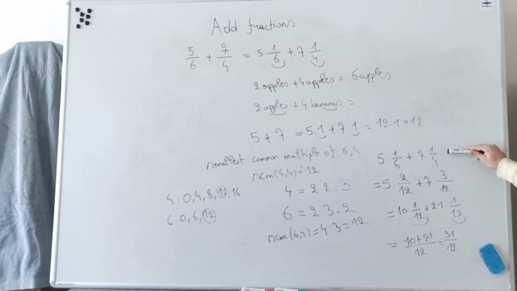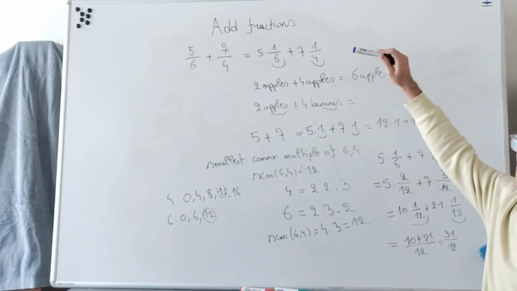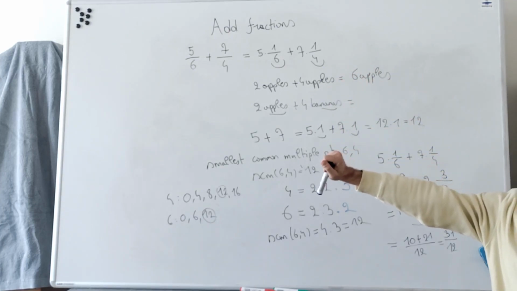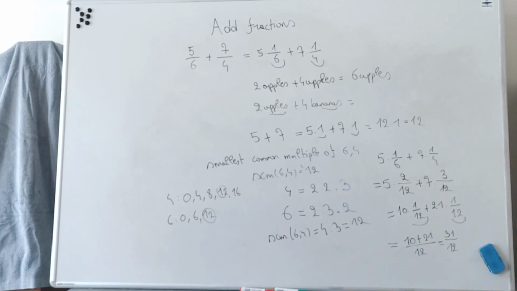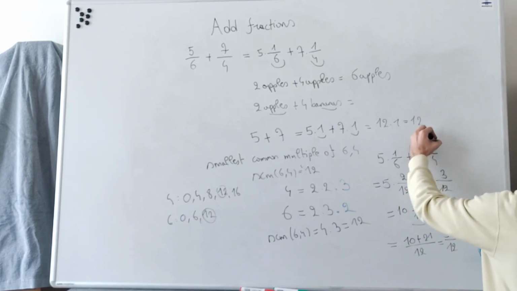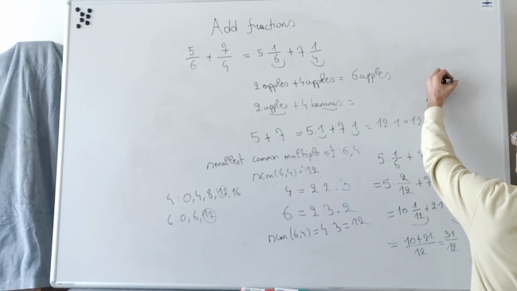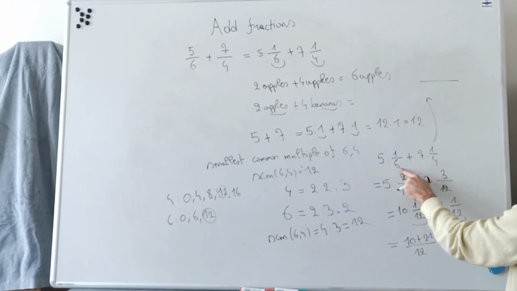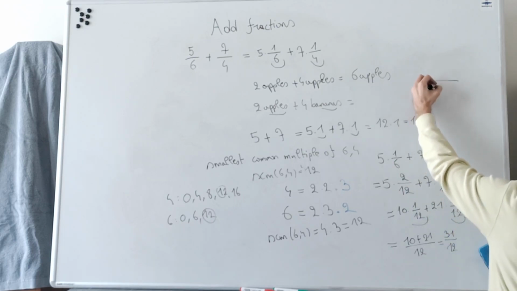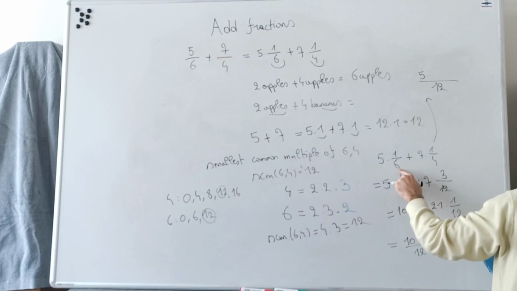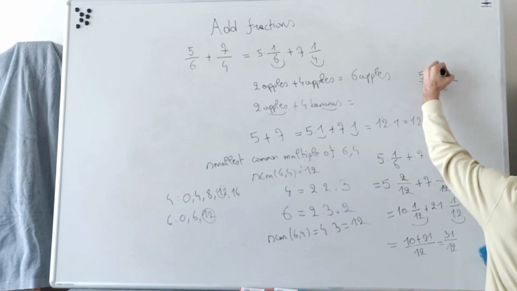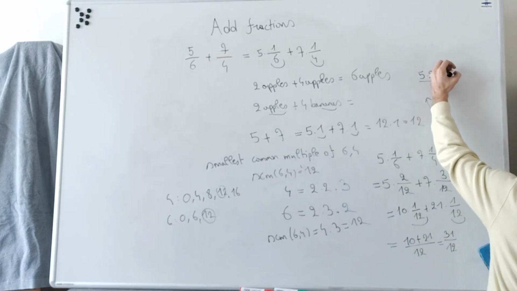Of course, I'm never going to do all these intermediary steps, but this is really just to show why we actually have to change the denominators so that they match before we can add them together. We're going to do this often just in one go. We're going to see that the smallest common multiple of 6 and 4 is 12. And then I needed to multiply with 2 here, and I needed to multiply with 3 to get from 4 to 12.